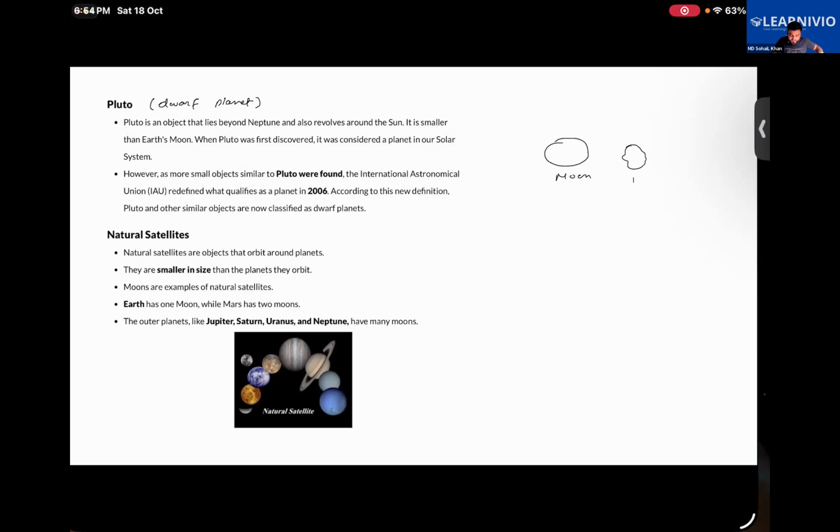When it was discovered, the scientists called it a planet, but later many other similar objects of the same size as Pluto were also discovered. So they changed the definition of what a planet is. According to the new definition, Pluto and other similar objects were classified as dwarf planets.